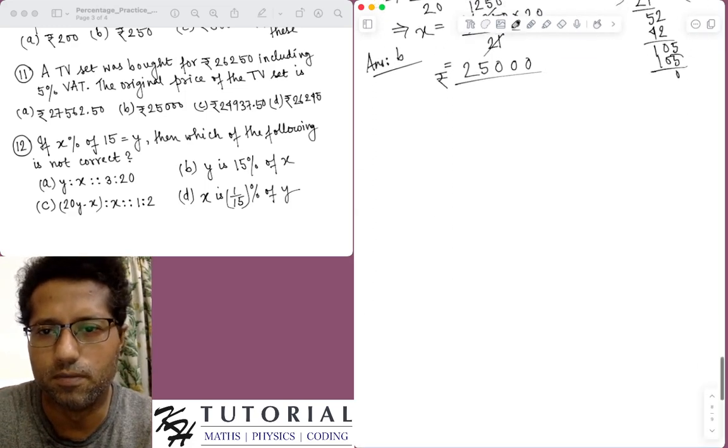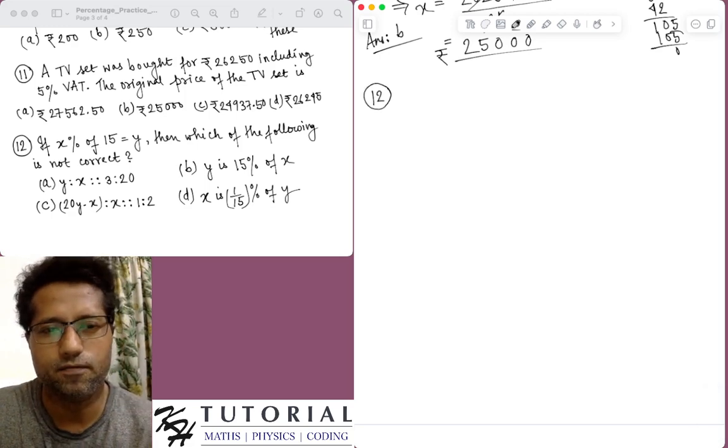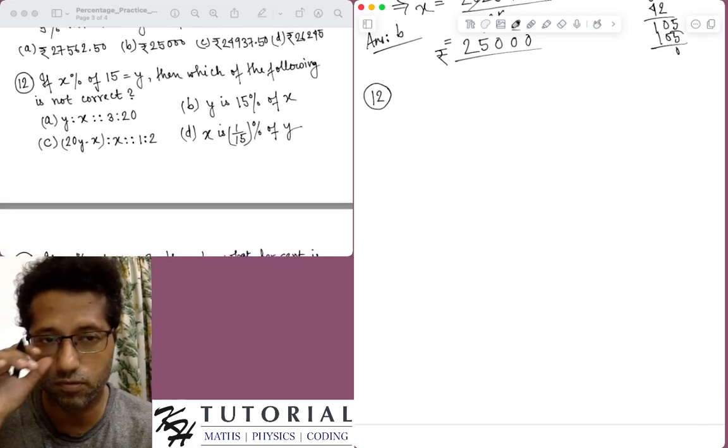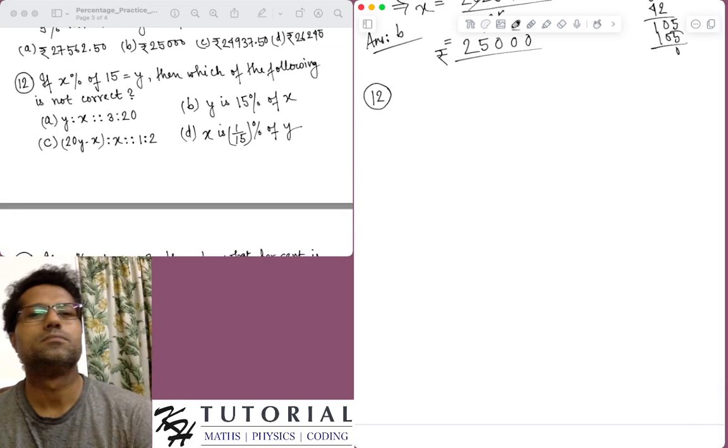Okay, let's do problem number 12. It says that if X% of 15 equals Y, then which of the following is not correct?